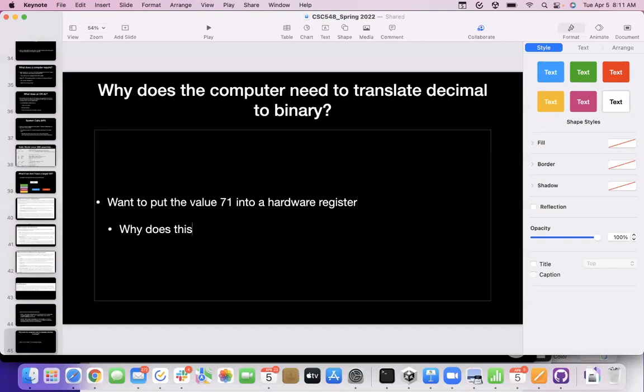Why does this need to be mapped to, let's see, what's the ones, twos, fours, eights, 16s, 32s, 64.